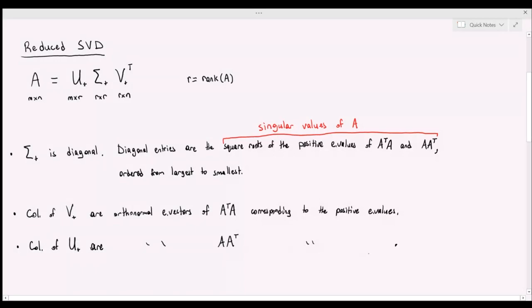And again, it's corresponding to the positive eigenvalues only. So the fact that A transpose A and AA transpose are symmetric is what will guarantee that you will be able to find these orthonormal eigenvectors, okay?